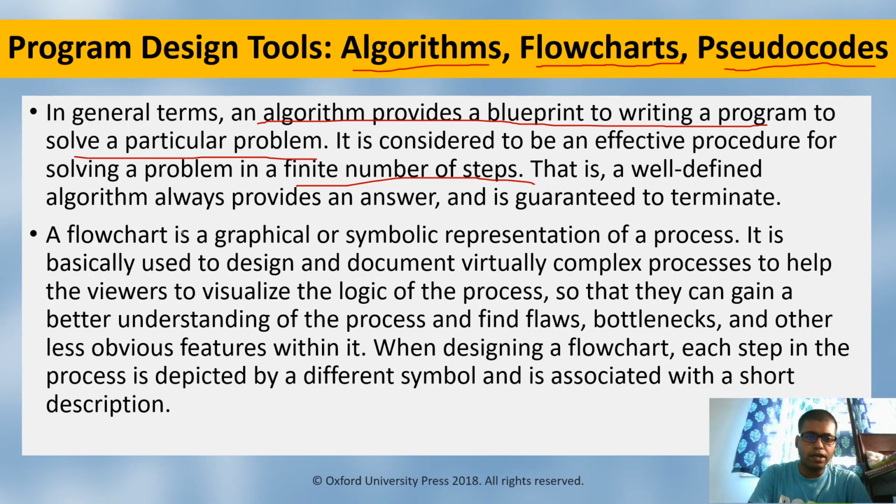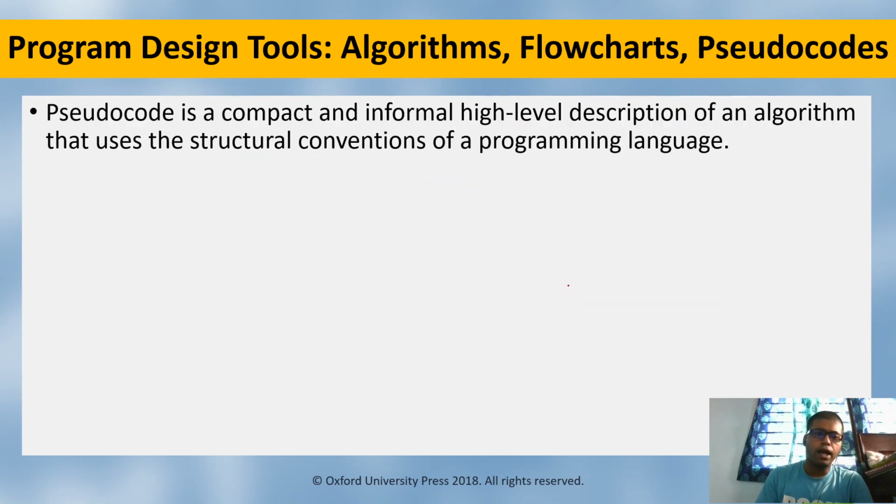The flowchart is the graphical representation of that algorithm or those steps, which relates to different processes. That is known as the flowchart. And pseudocode is a compact and informal high-level description of an algorithm that uses the structural conventions of any programming language.